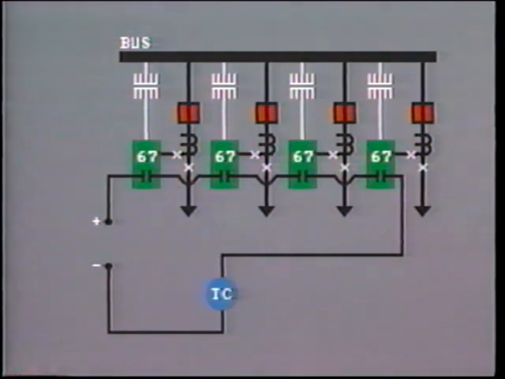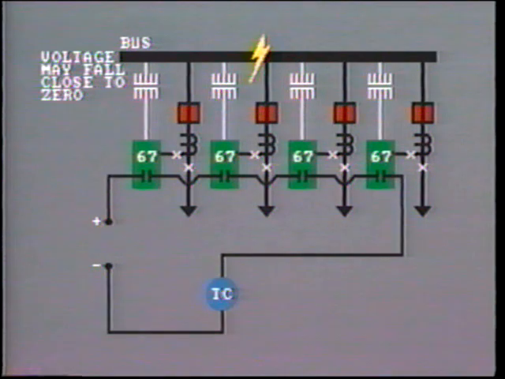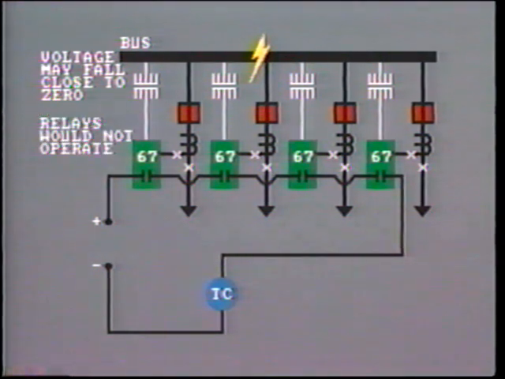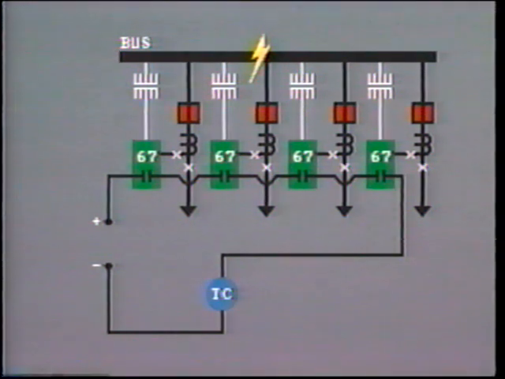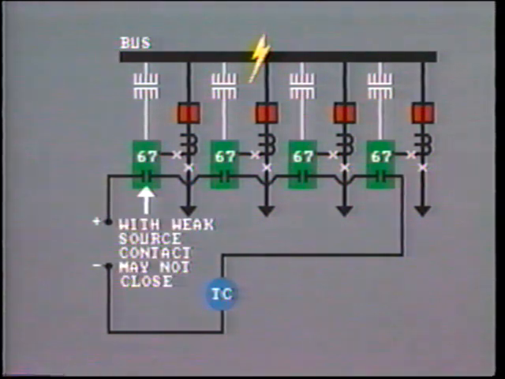If this is taken from a voltage transformer on the bus, the voltage may well fall close to zero during a bus fault, and therefore the directional relays would not operate. Another problem can result from weak sources, or sources that become weak during certain switching sequences.